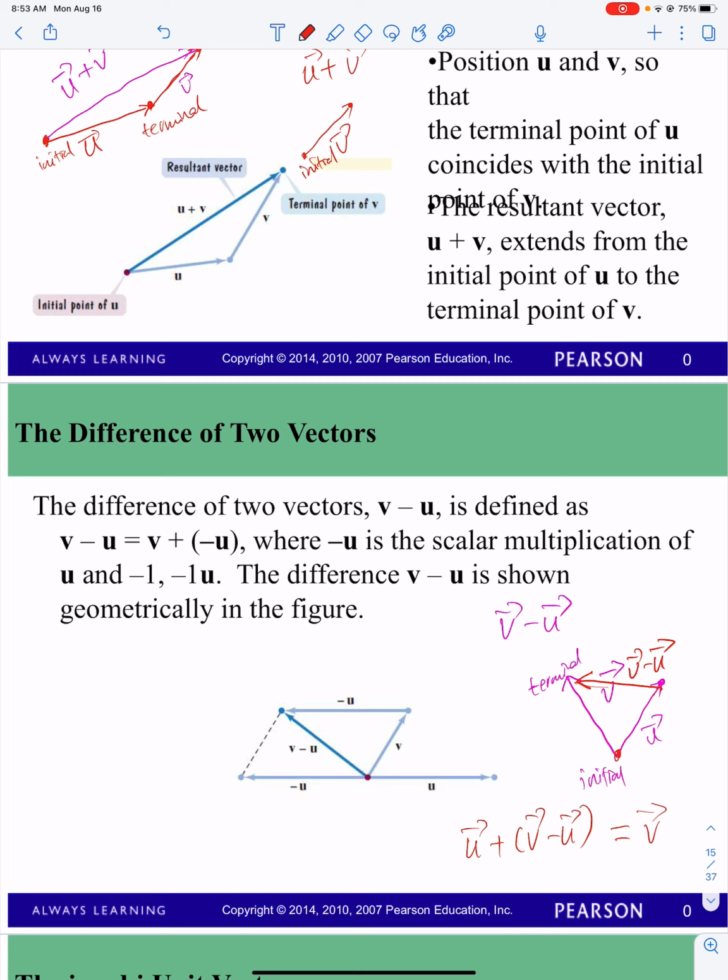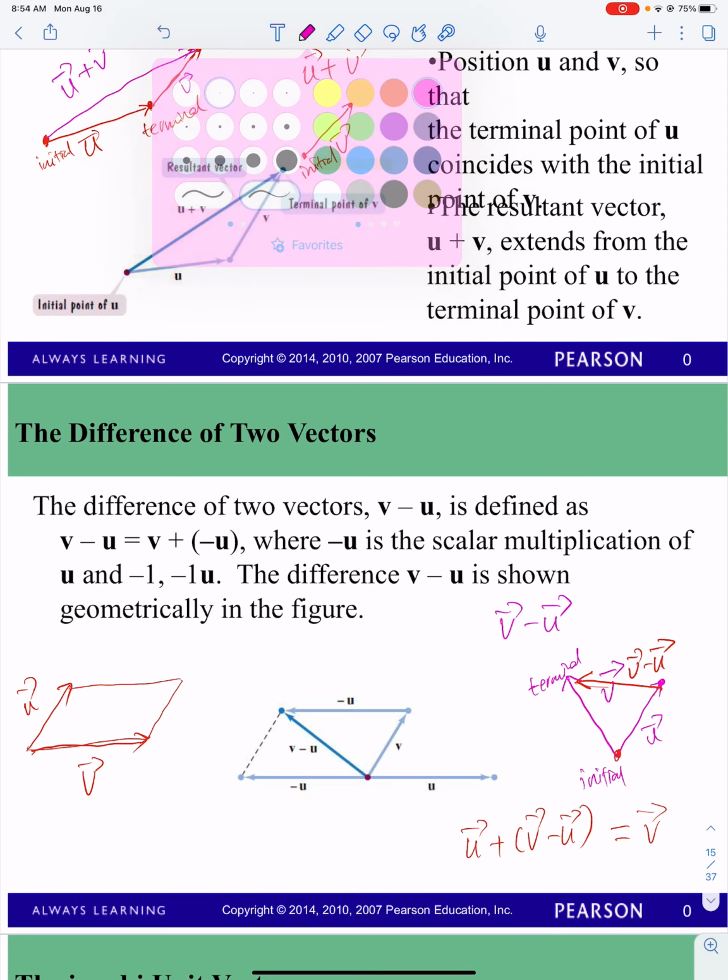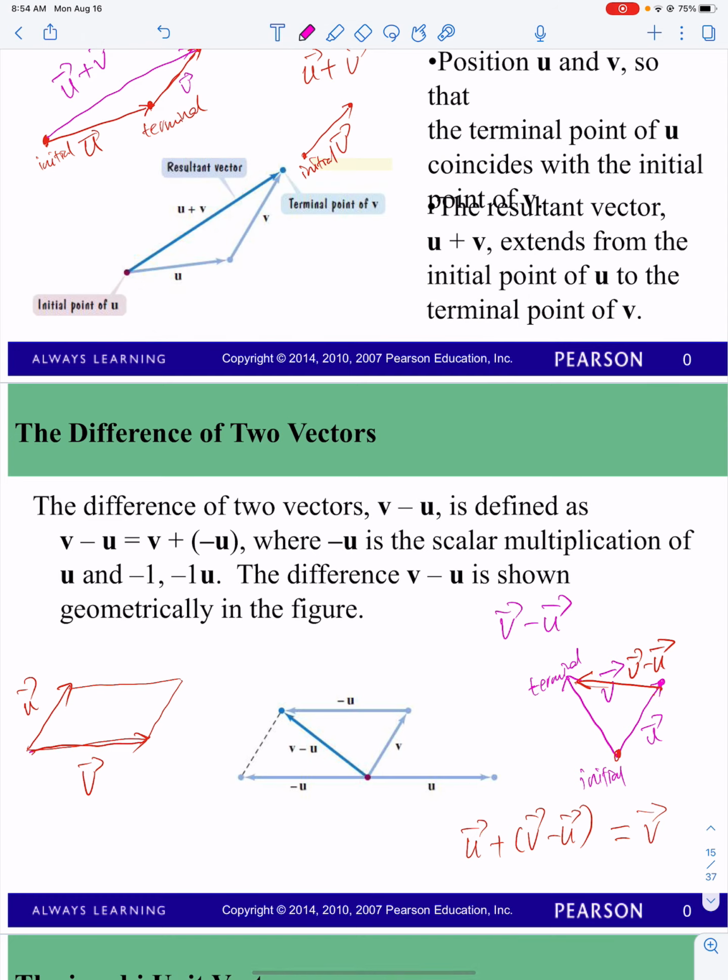So if v minus u is on this, think about it, it's more like a parallelogram. If here is u, here is v, yeah? Okay, so what is this one? This is u plus v.